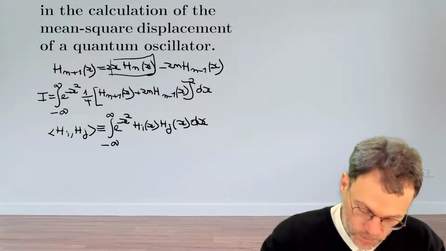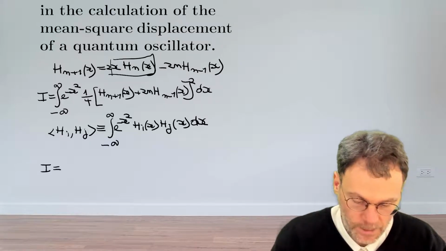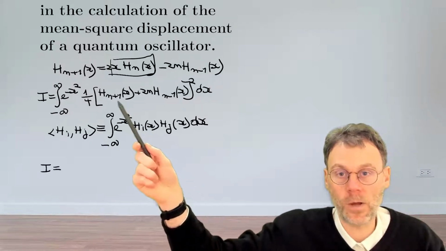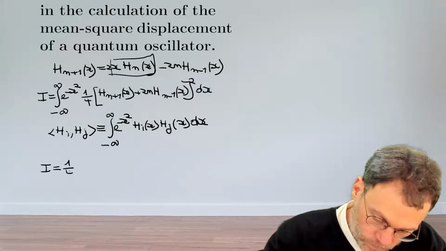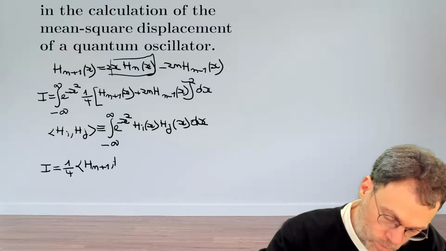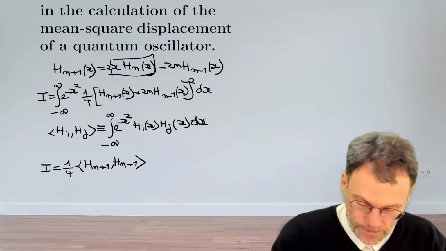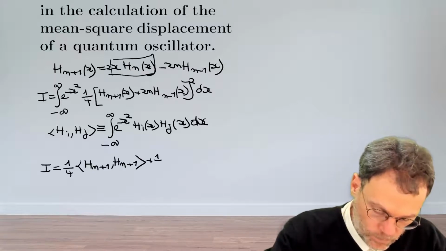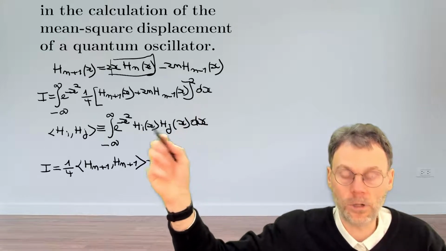So if we do that, we see that our integral becomes, first, the square of this guy over here. So this is going to give us 1/4 the scalar product of H_{n+1} with itself. Cool. And then we have, again, 1 over 4, and then we have the double product going on here.